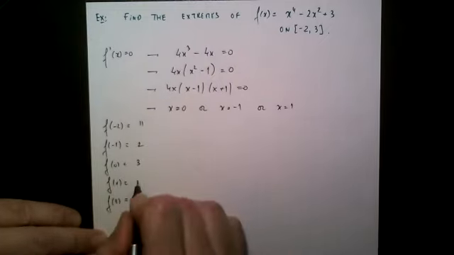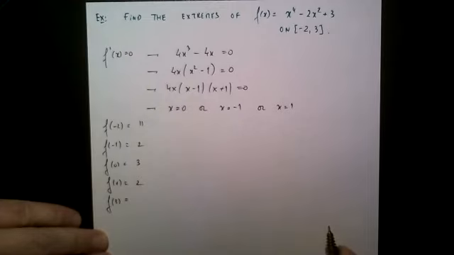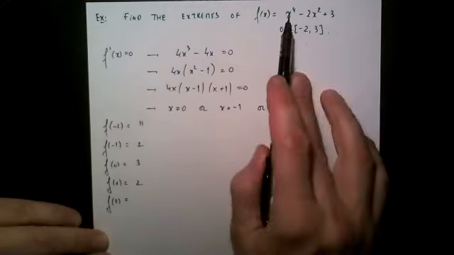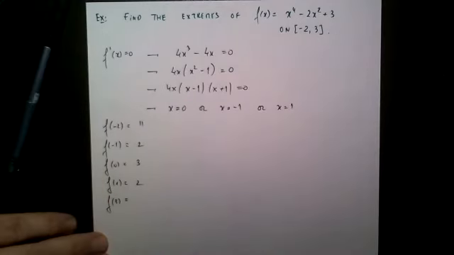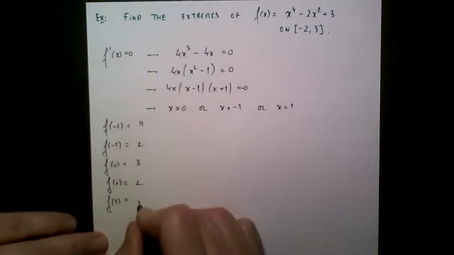F of 1 is 2. And f of 3 is 81 minus 18 plus 3. So I get 66.